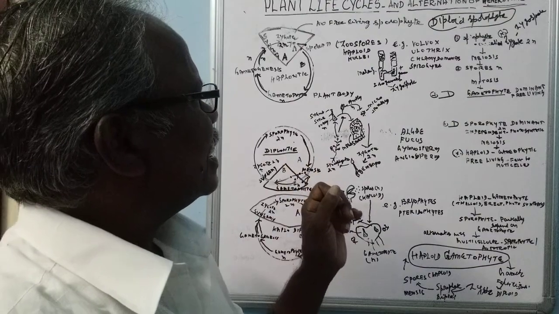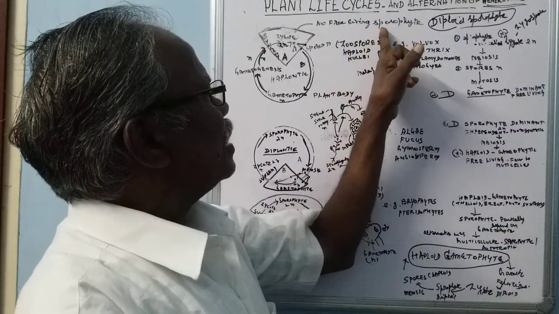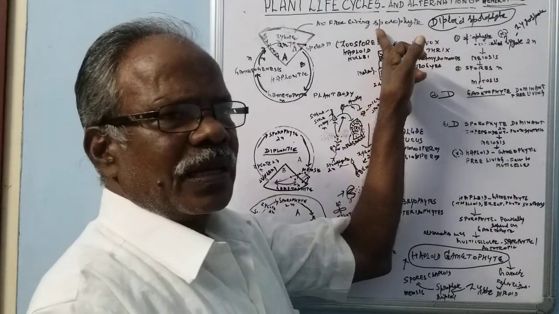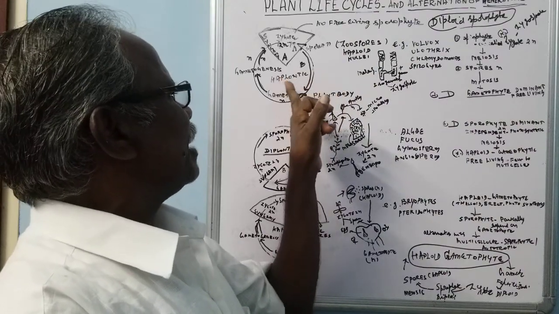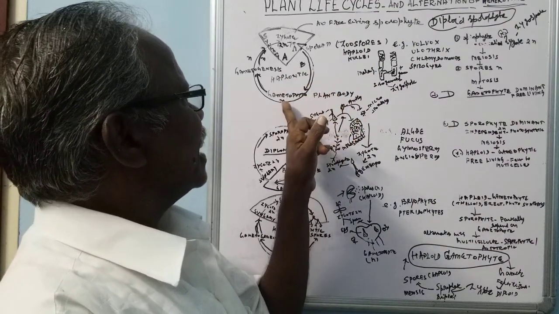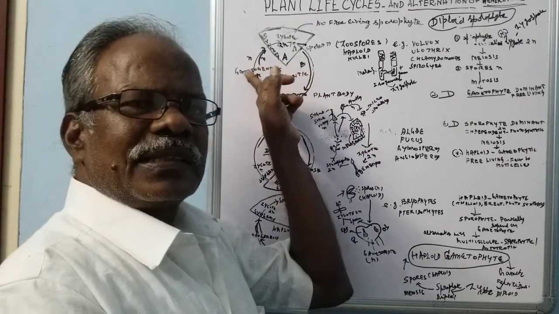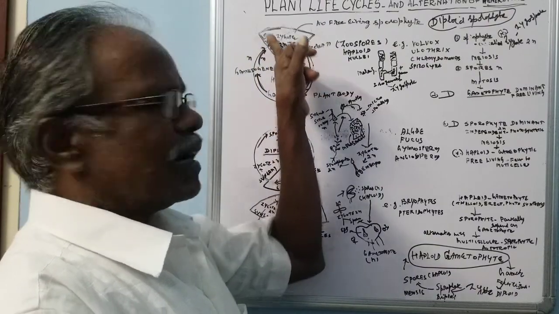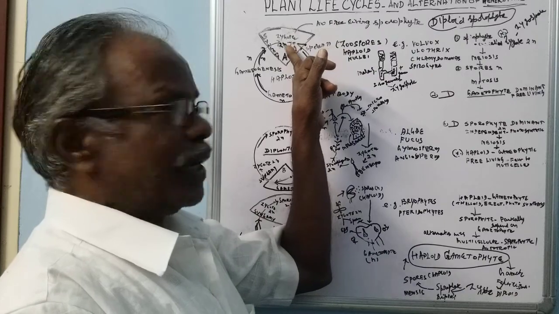Haplantic means that there is no free living sporophyte, and the free living plant is gametophyte, that is N. So this gives rise to gametogenesis, that is the gametes are formed, N and N, that fuse together, called syngamy. Then the zygote is formed, that is 2N.